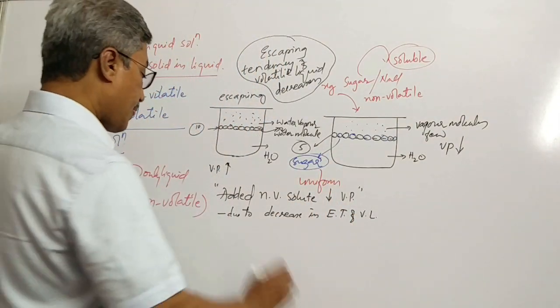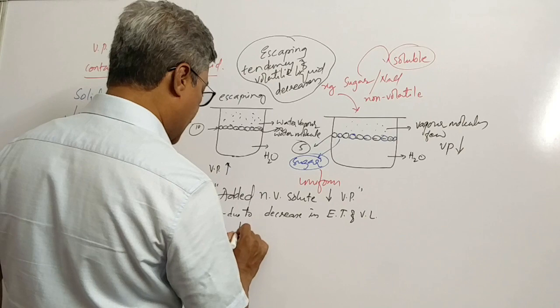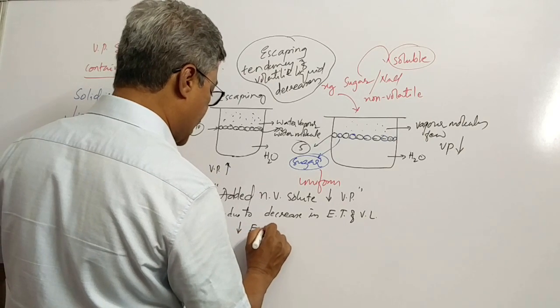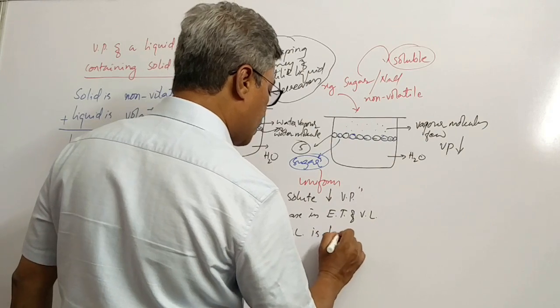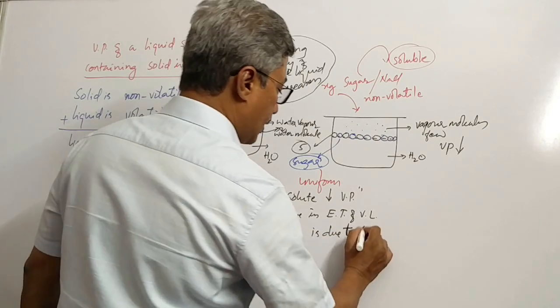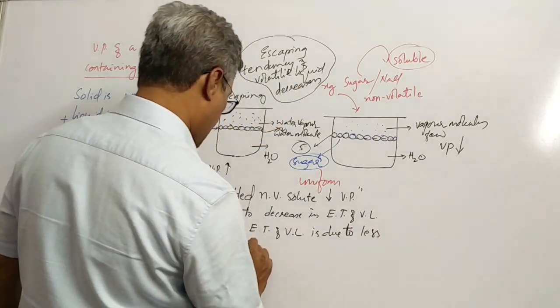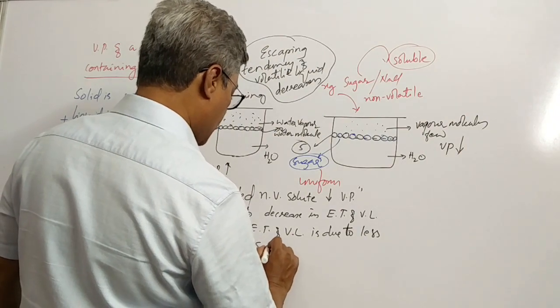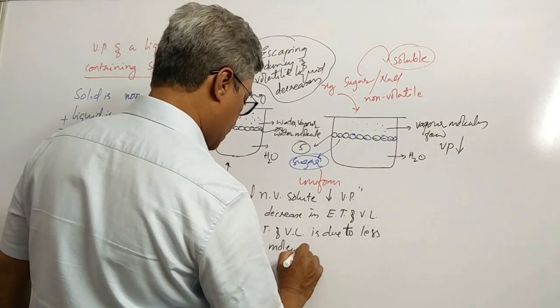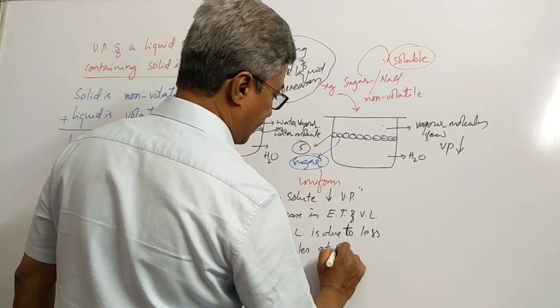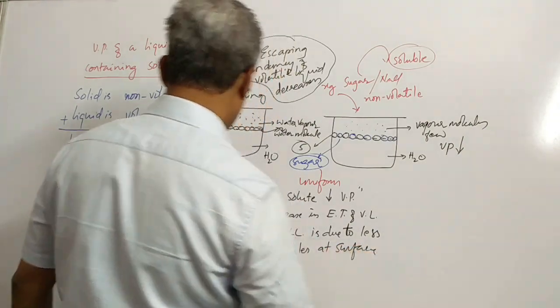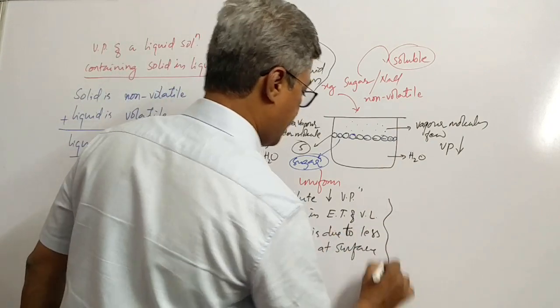Is that clear, students? This decrease in escaping tendency of the volatile liquid is due to fewer molecules at the surface. This is very much important, students.